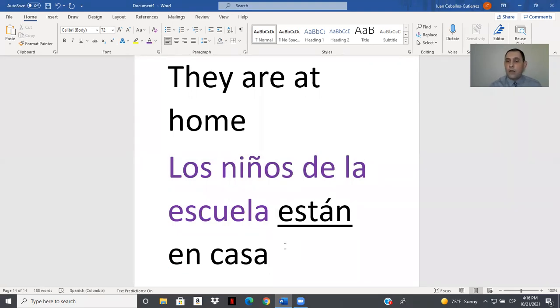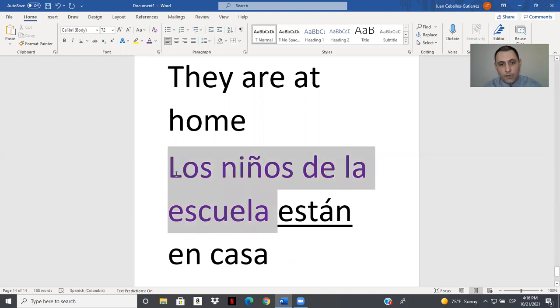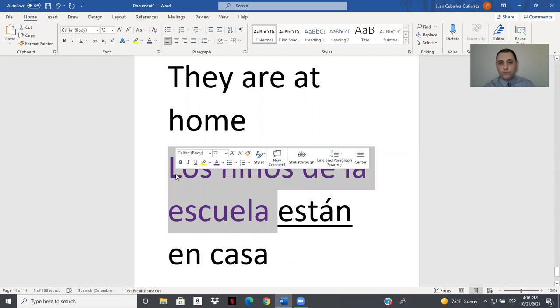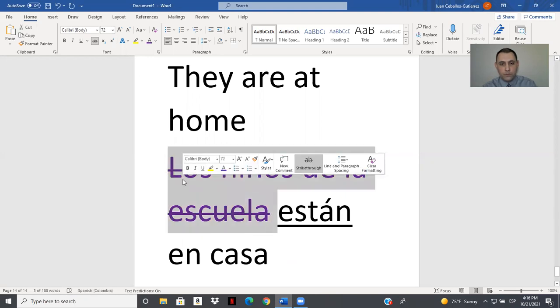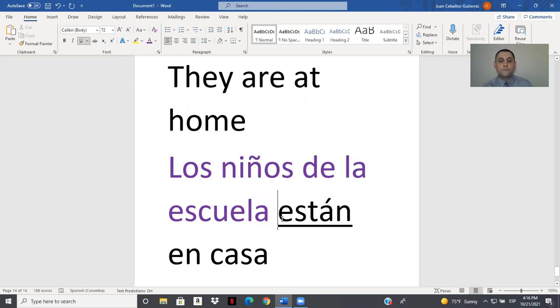Subjects can be very complex. We are not going to learn this yet. We are going to learn how a subject is structured and all that later in 5th level. But that's the subject of the sentence. And this subject here is third person plural, masculine, because niños is masculine, is plural masculine.